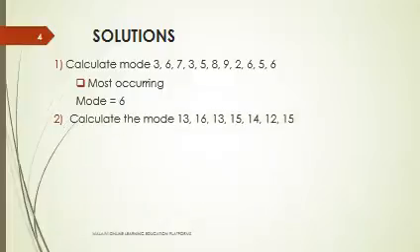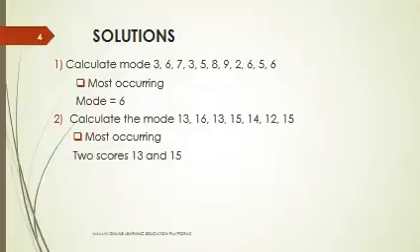Let us look at the next example, and we also check the most appearing number. In this case we have two numbers, 13 and 15. So here mode is equal to 13 and 15. There's no need to find the average here. We don't find average in mode.